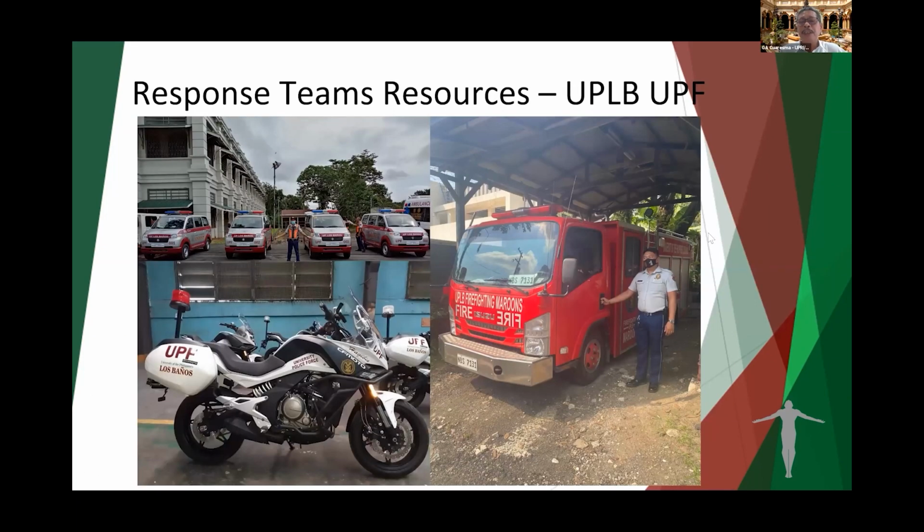Now, also UPLB UPF has these different resources under its care. Each team has a mobile vehicle, and the UPF has 2 Hagads, motorcycles, and they have their fire engine, not brand new anymore since it is 2 years old.